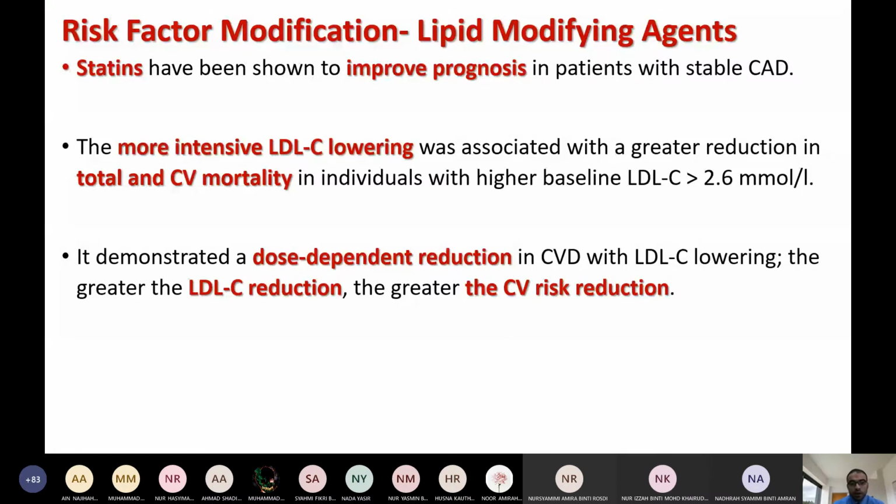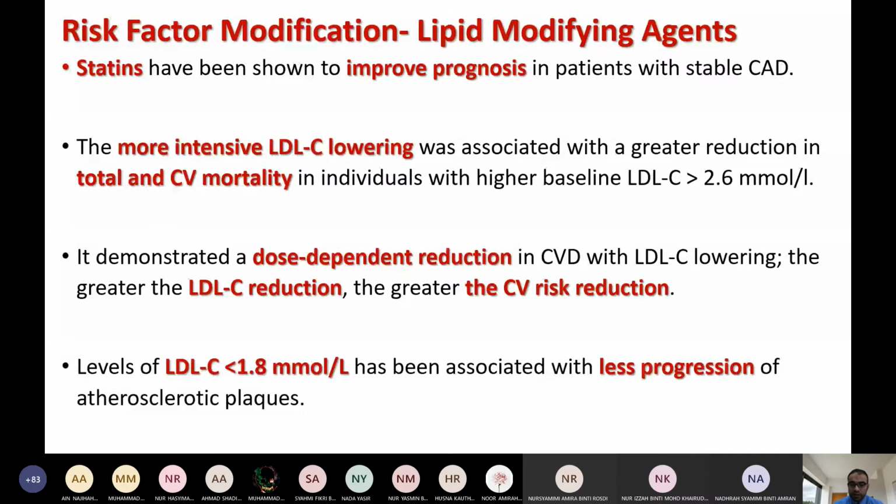Okay. In general, in patients with cardiovascular disease, it has been agreed by most of the guidelines that levels less than 1.8 will be associated with less progression of atherosclerotic plaques. This means the atherosclerotic plaques will not progress into bigger, unstable plaques that later cause thrombosis and a cardiac attack.